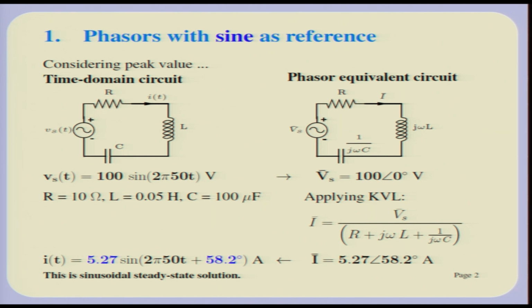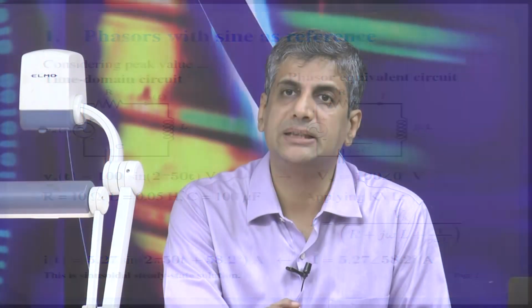So, one of the ways of representing these inputs, since we know that a single frequency input will actually give output in sinusoidal steady state of only that frequency, we can in fact represent the input and output simply as phasors, because we know that they already have a component which is sinusoidally varying.